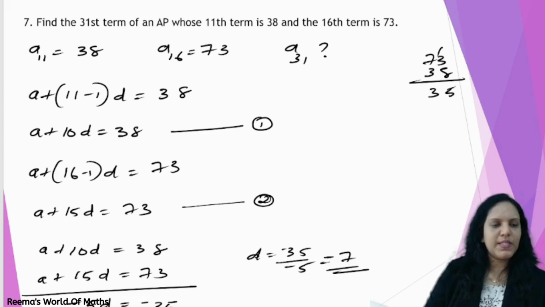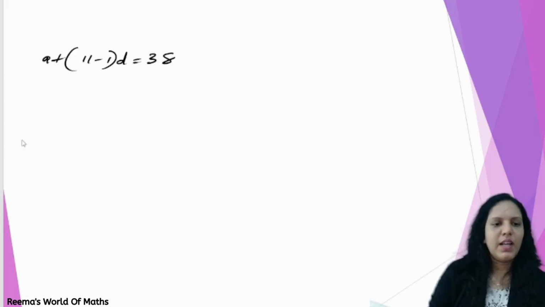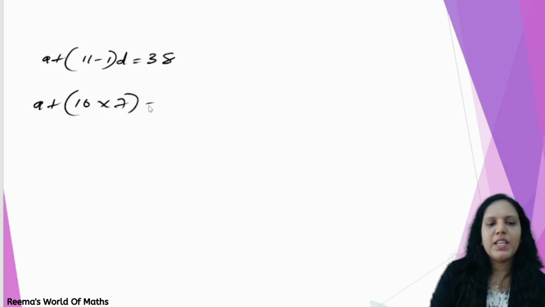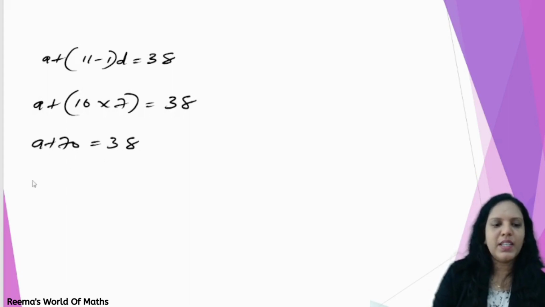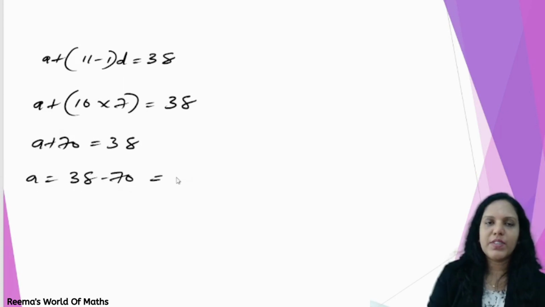So that is A plus 10 multiplied by 7 equals 38. So A plus 70 equals 38, A equals 38 minus 70, which equals minus 32. The first term is minus 32.